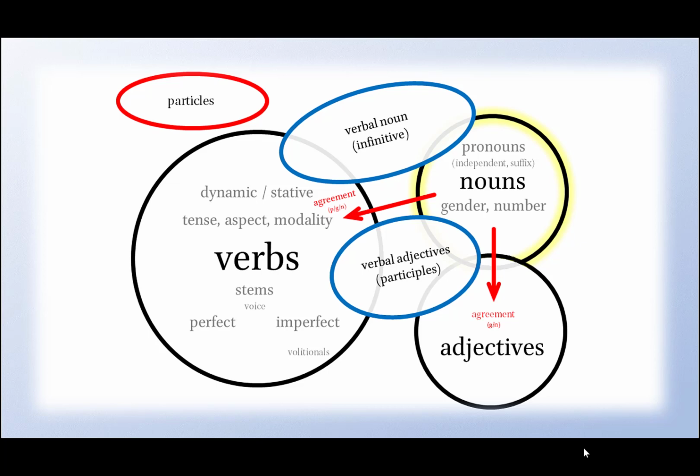And in Biblical Aramaic, just as in Biblical Hebrew, there are two systems of pronouns: an independent pronoun system in which the pronouns are independent words, as well as a suffix system in which the pronouns attach as suffixes to other kinds of words. We also want to take note that nouns in Biblical Aramaic have gender and number.